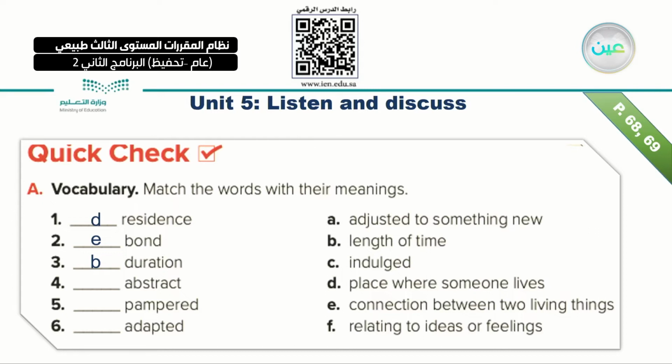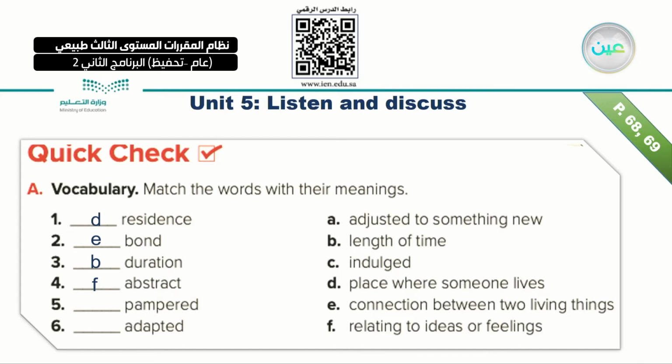4, abstract. What do we mean by abstract? Which is F, relating to ideas or feelings. For example, talking about abstract objects or abstract things, it means that they are in your mind, or feelings, or ideas. While we can use concrete, for example, something concrete, something that you can touch or you can see.